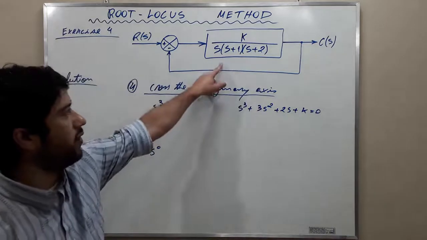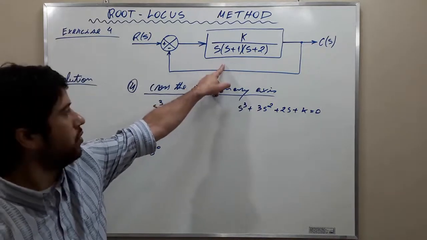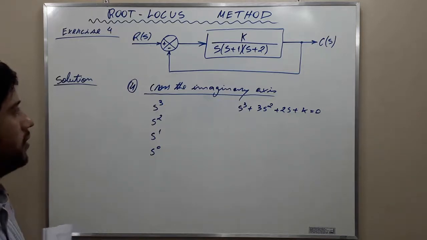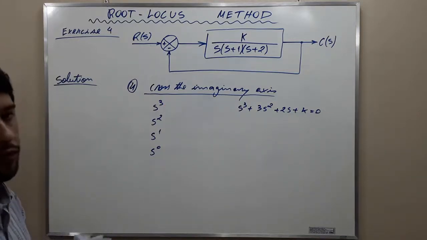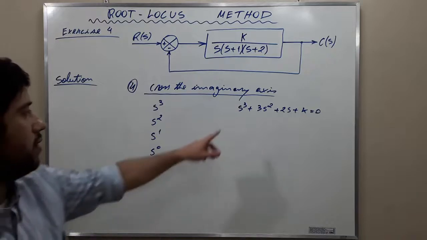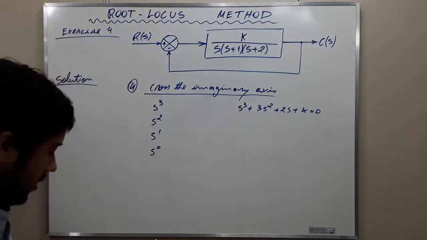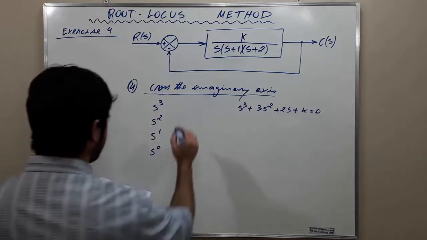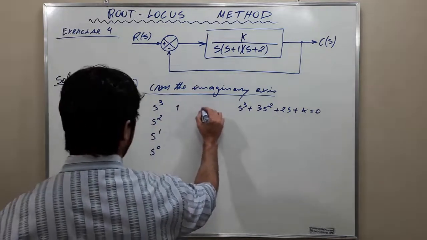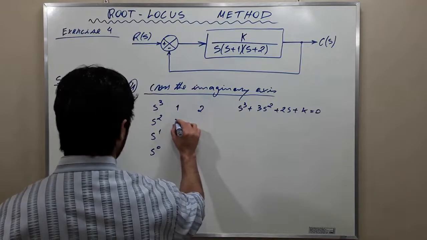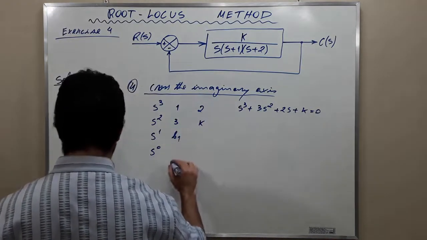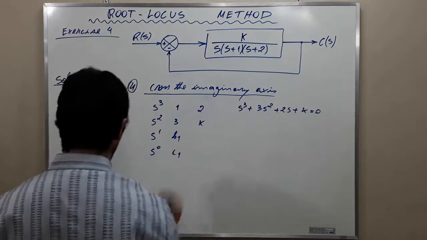It can be easily found by working on this block diagram and finding C(s) over R(s). And this is the characteristic equation, and we're going to fill the array of terms like this: 1, 2, 3, K, B1, and C1.